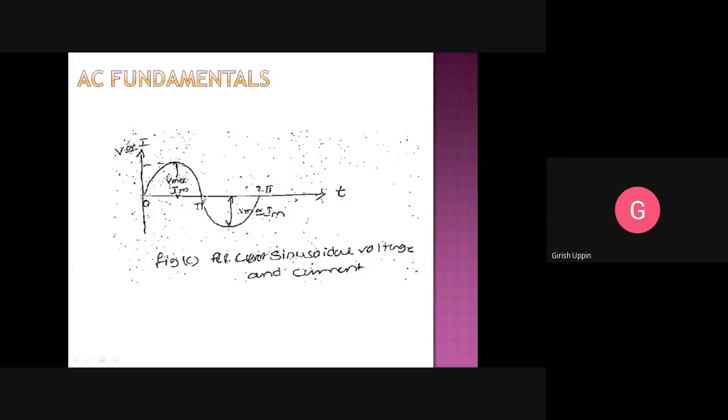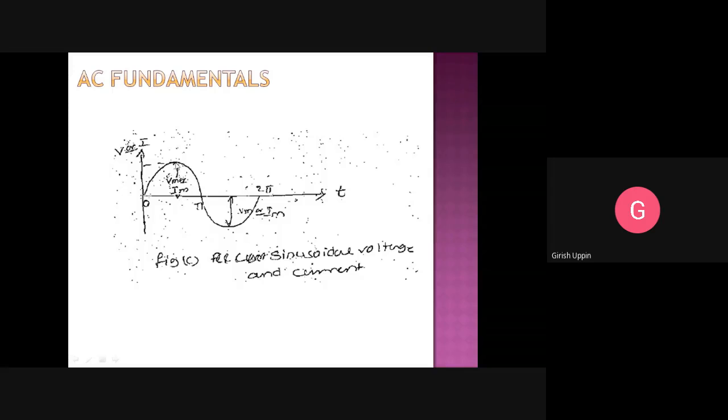At half cycle, that is at the angle of 180 degrees, it will become 0 and change its direction and start going into the negative direction, the opposite direction, and it will take a peak at 3 pi by 2. This peak and this peak are exactly the same. If it is a voltage of 50 volts, this would be minus 50 volts.